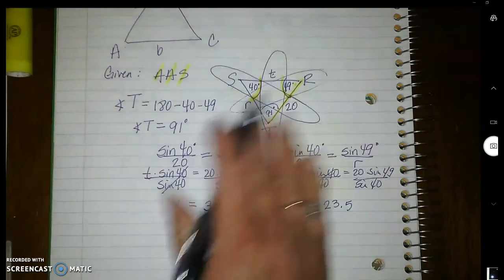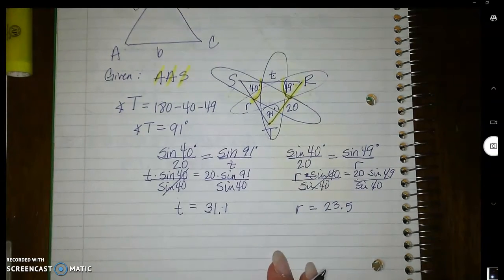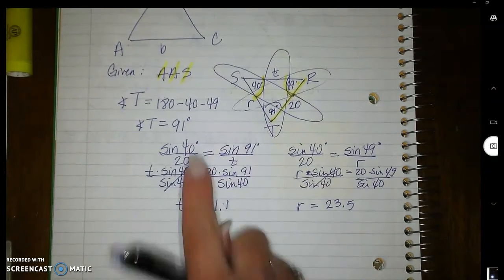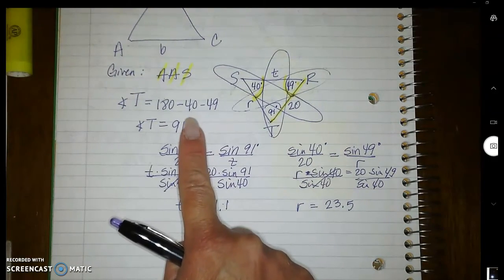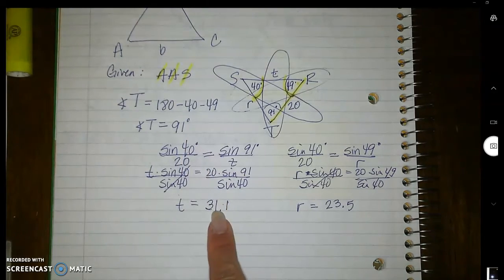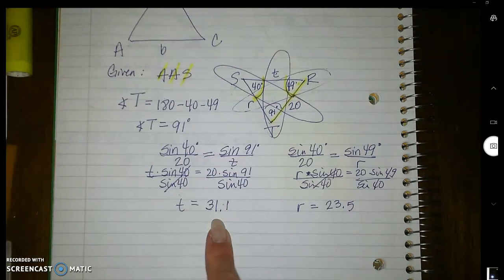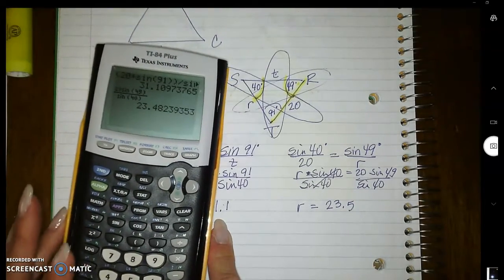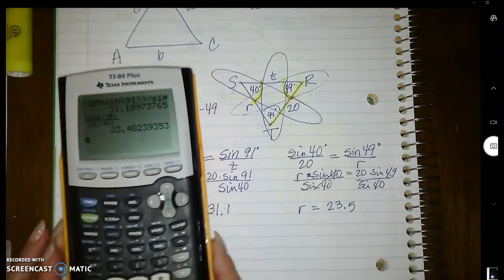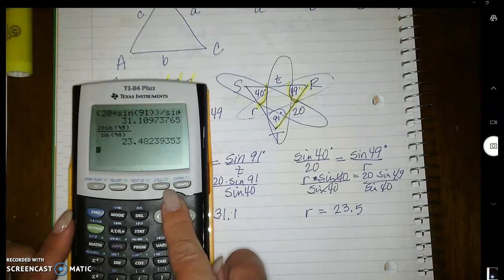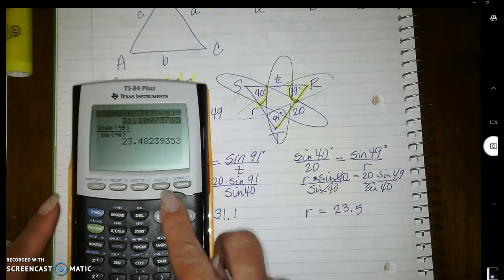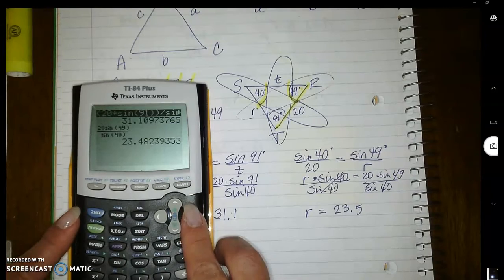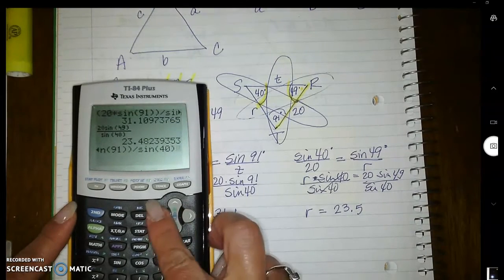Okay, so I did a little bit of algebra. I went ahead and typed some things in. Again, it's really important that you're using degree symbols to separate degrees from possible side lengths. I did want to show you really quickly that I typed these into the calculator in two different ways. This first one, if I scroll up, you can see how I typed it in. Let me hit enter so you can see it again.